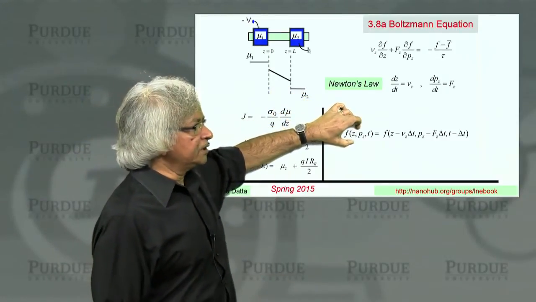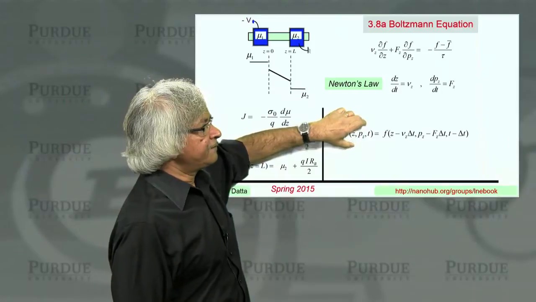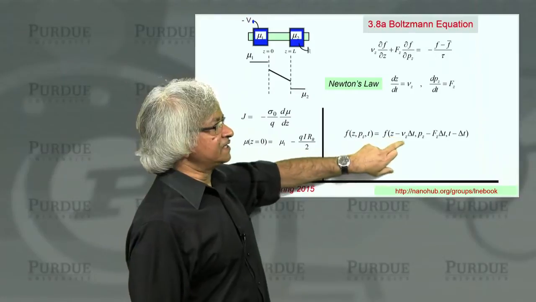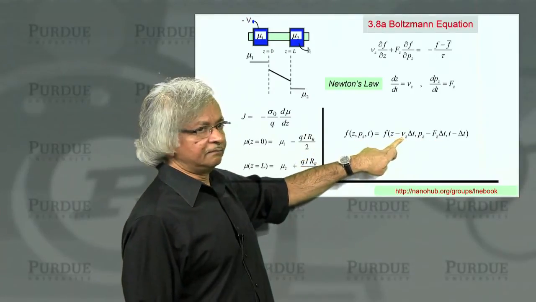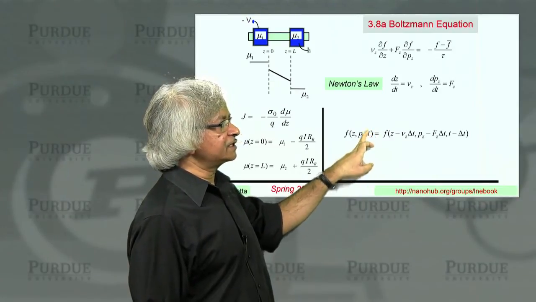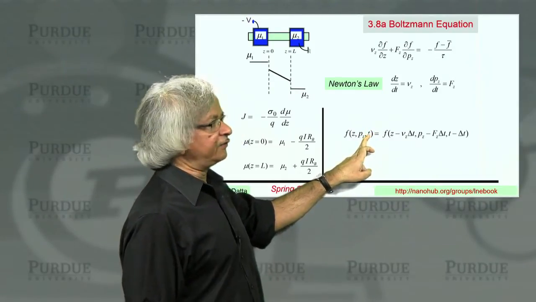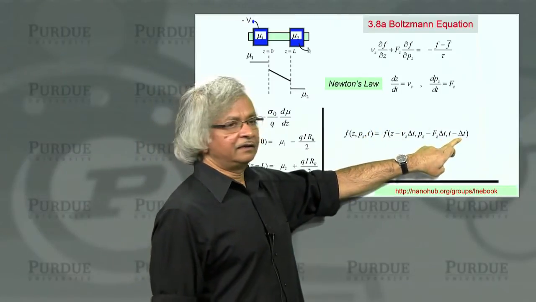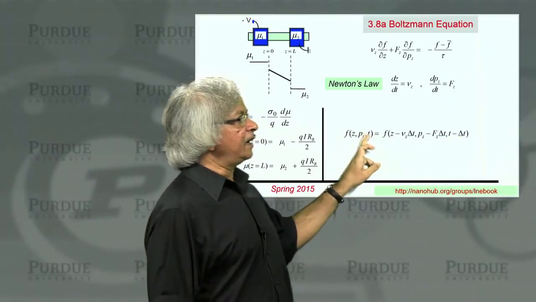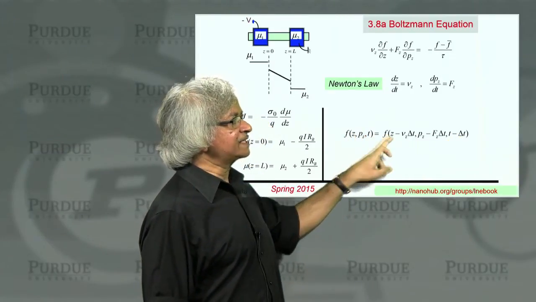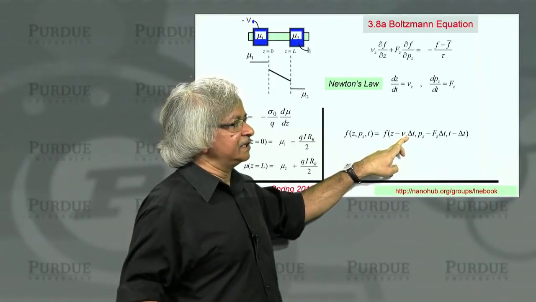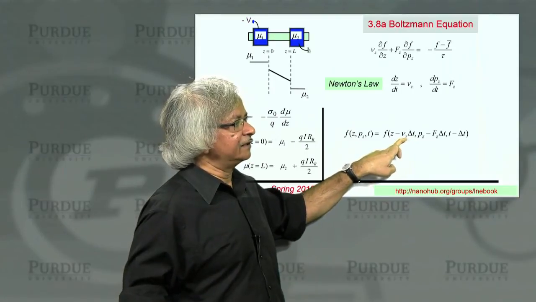And the argument you can make is that this f(z, pz, t) should be the same as what I have written here. Because if you look at the number of electrons at time t and try to relate it to what it looked like a time delta t ago, the point is that delta t ago, anybody at the location z must have been at z minus vz delta t, because in time delta t, the electron moved by that distance.